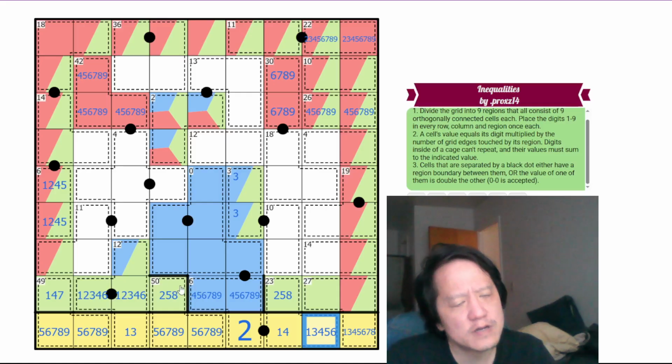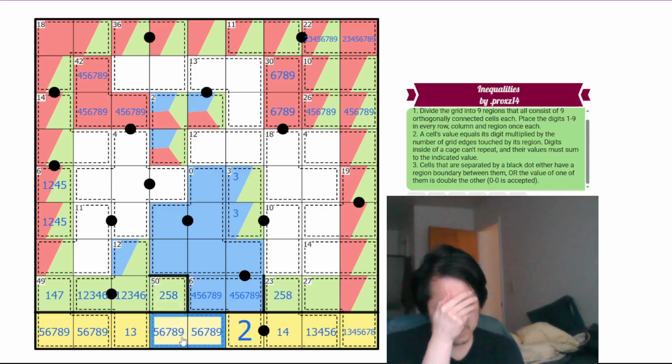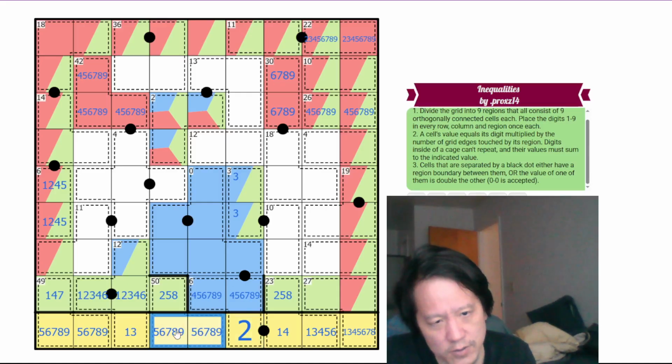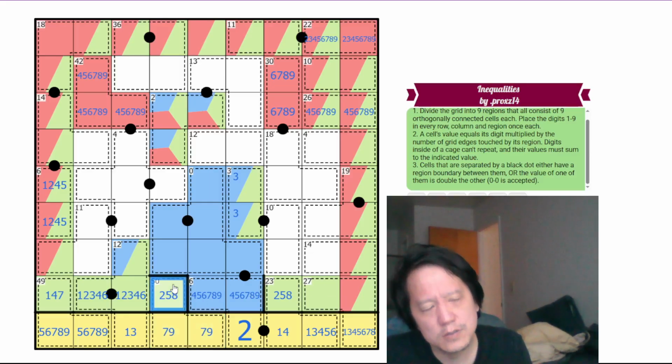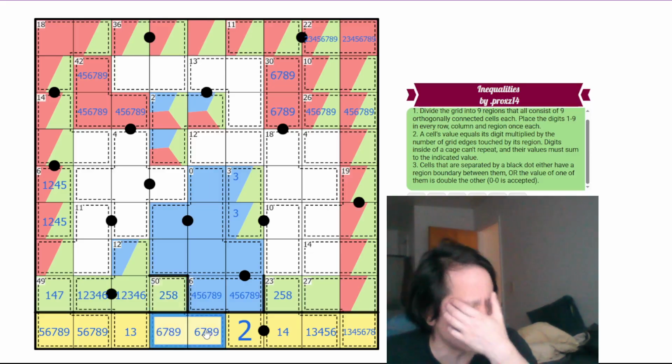Oh, wait. Okay, so what are the scenarios? To get 48, you need 7 and 9 here. And then this would be 2. 45 would force 5 to be here, and it could still be 6, 9, or 7, 8.